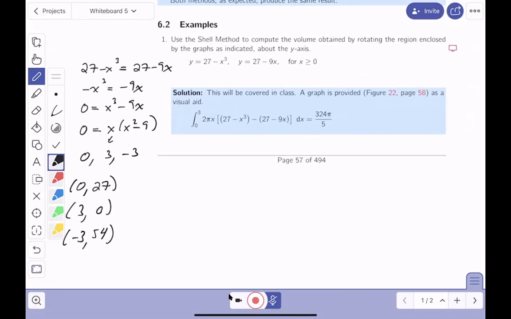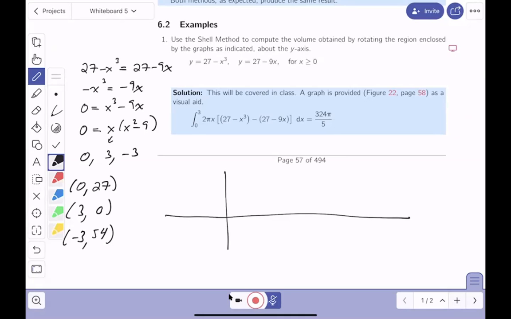Well, before I do anything, I certainly want to be able to graph this thing out. And then we'll talk about the region in a second. So let's take a look at this. I got to put the line in, and the line is going to be 27 minus 9x. Someone says, why are you doing the line first? It's easy.